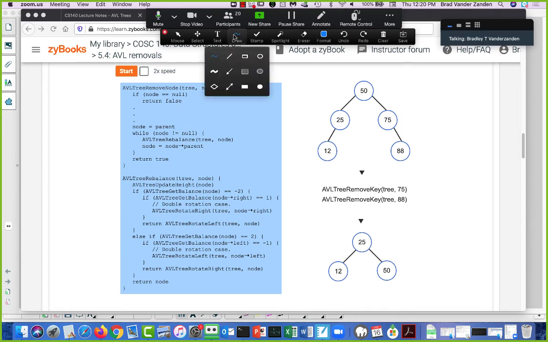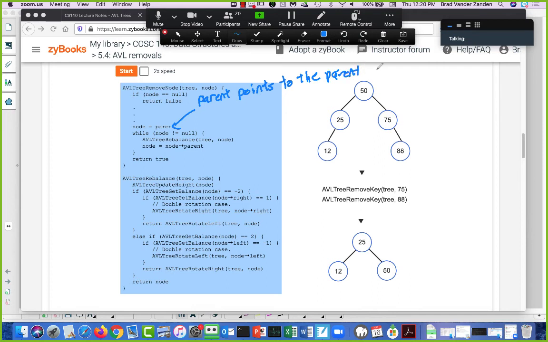At this point, parent points to the parent of the deleted node.